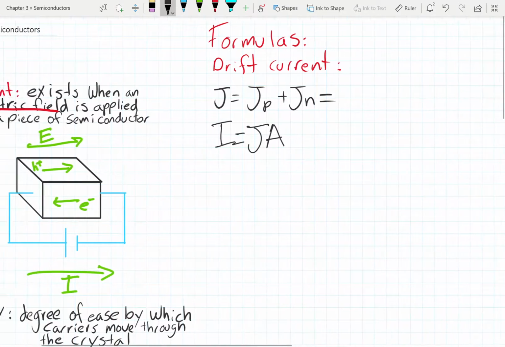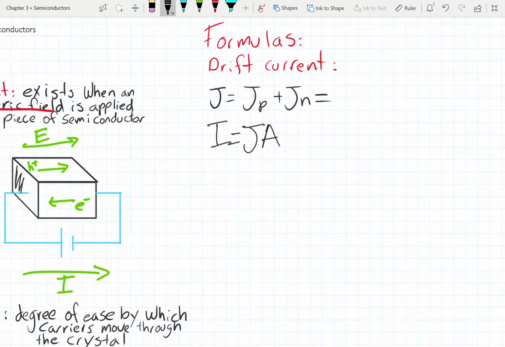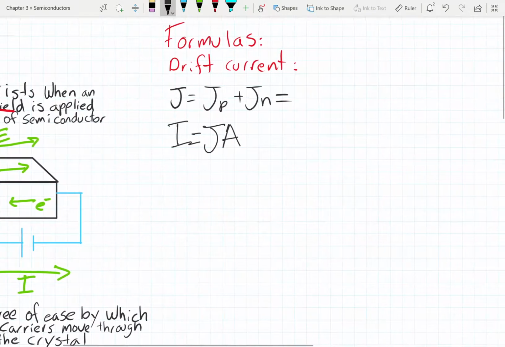And this is the cross-sectional area, so it should be the area of this side of the semiconductor, for example. We have that the total current density is equal to the hole current density plus the electron current density.